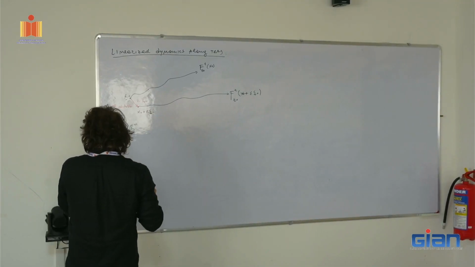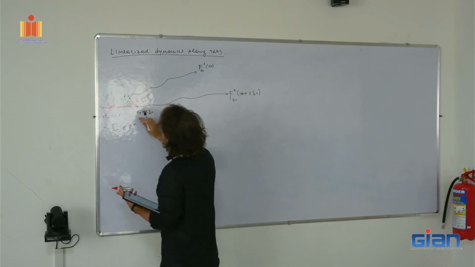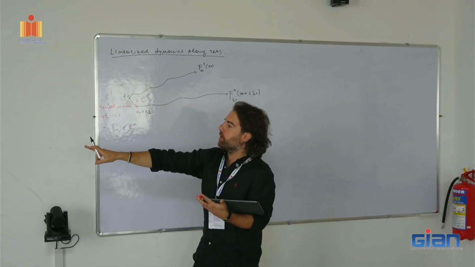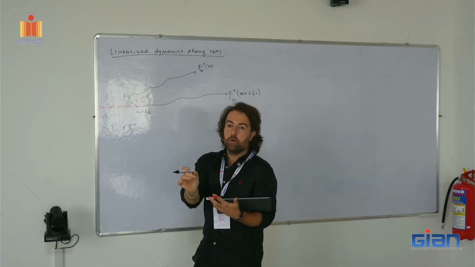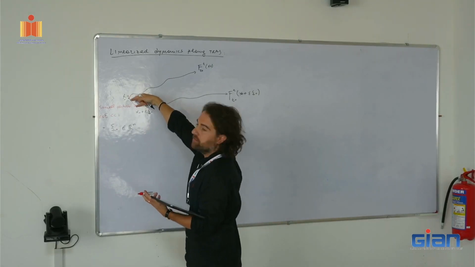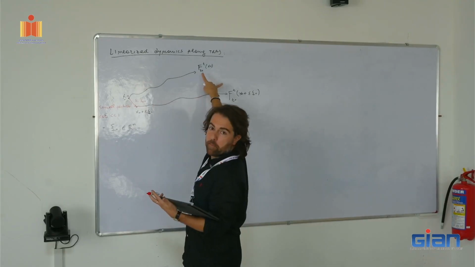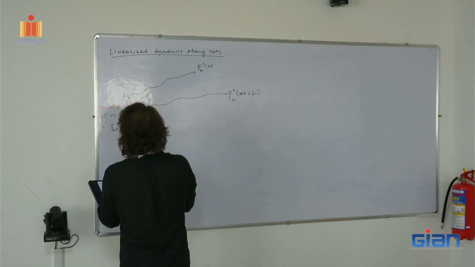Okay, and now, how do we compute this? We want to understand, as we did there, if I start nearby, will I go back to the fixed point, or will I go away? The interesting dynamics is understanding what is going to happen to this initial perturbation. So the question is, how do we compute this vector?